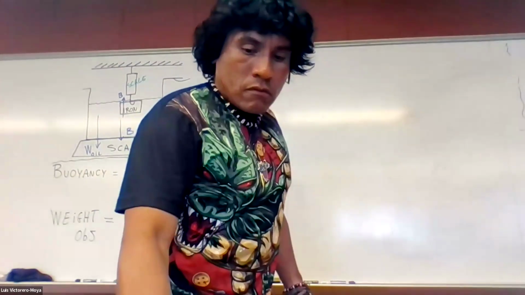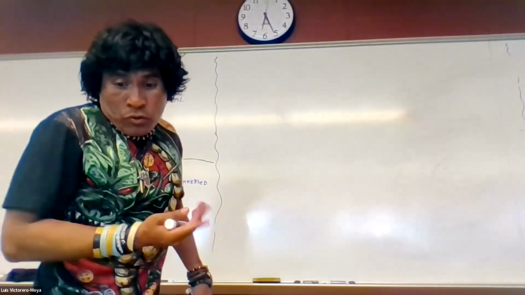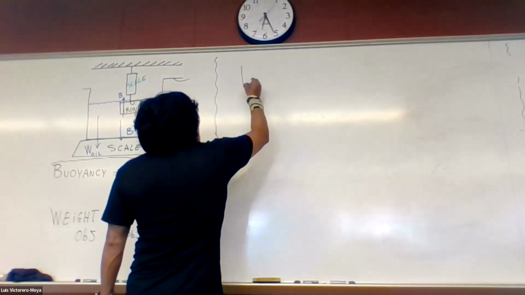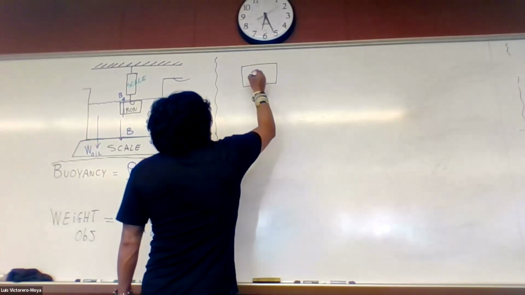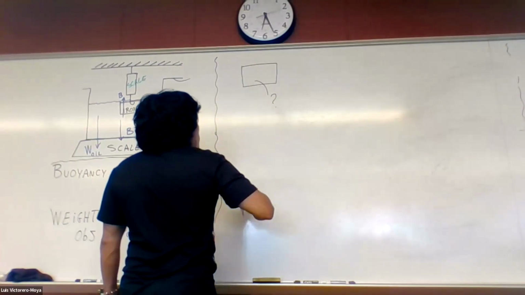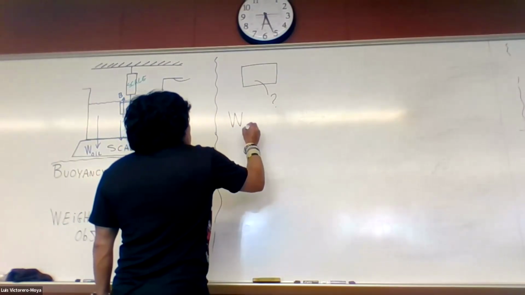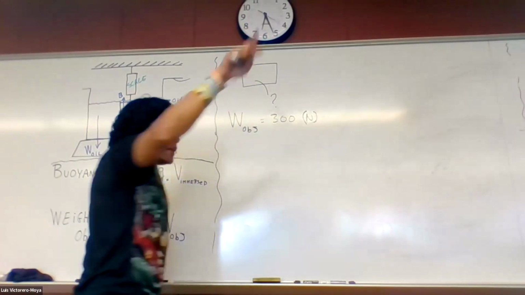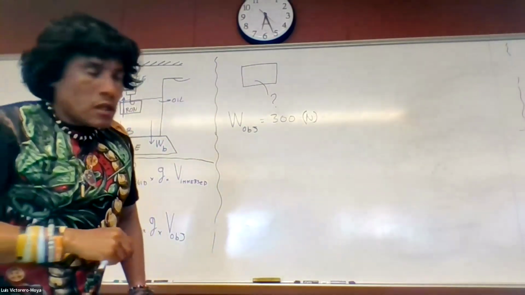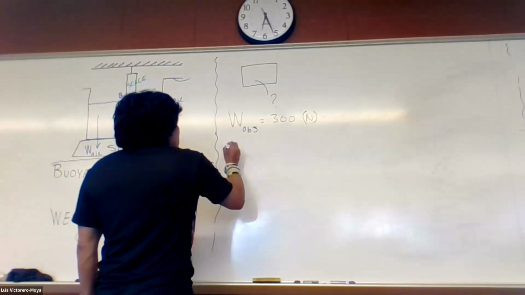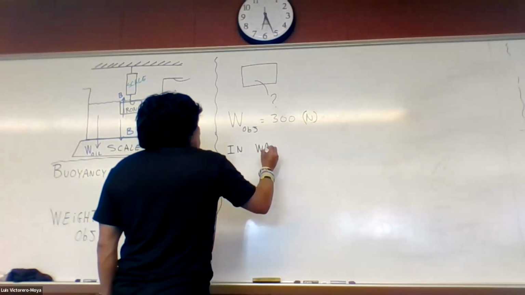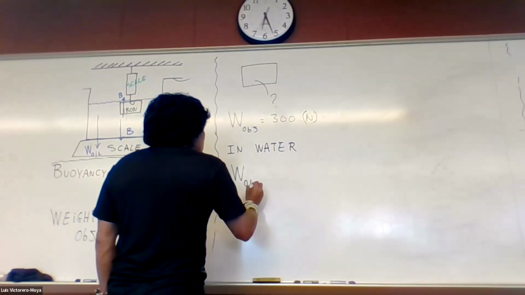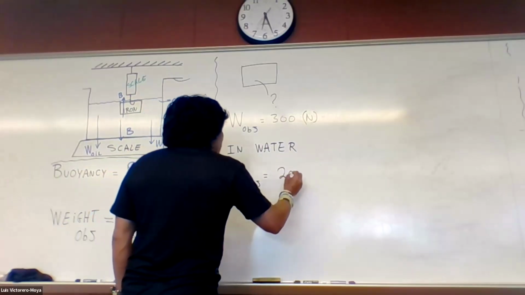You don't know what this is, but you have a scale, so you know its weight. You know that the weight of the object is 300 newtons. I measure it here in the middle. In water, the weight of the object is now 200 newtons.